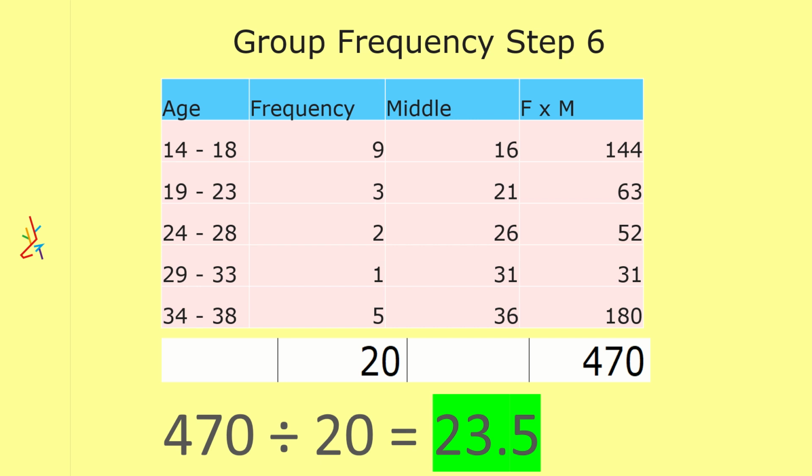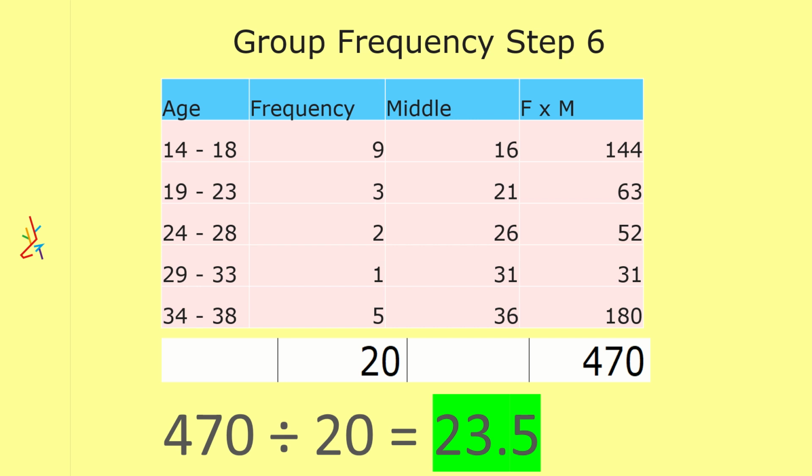And a way to check it is that it should be around the middle. So is 23.5 somewhere in the middle of the age category at the start, age 14, and age 38? Pretty much. So I can take an educated guess that it is approximately right. It is right.